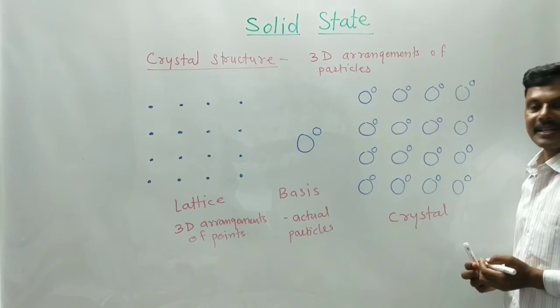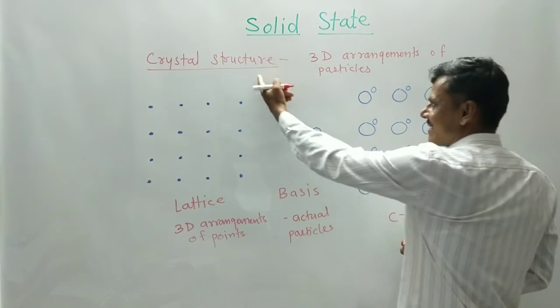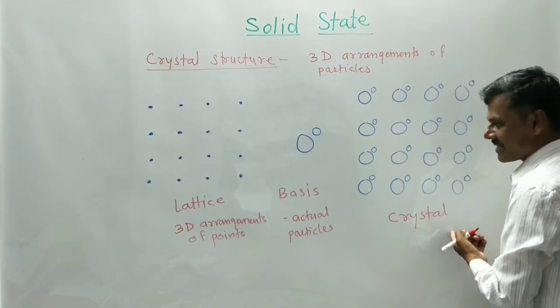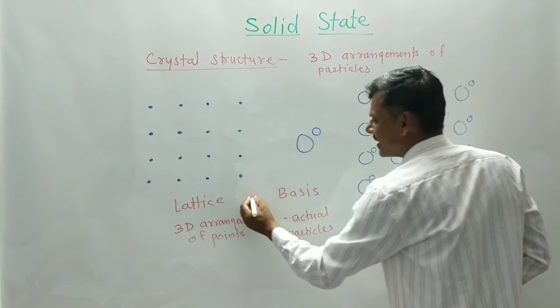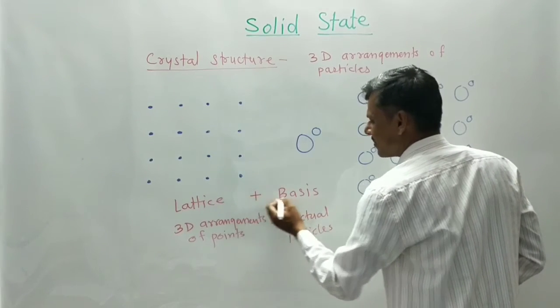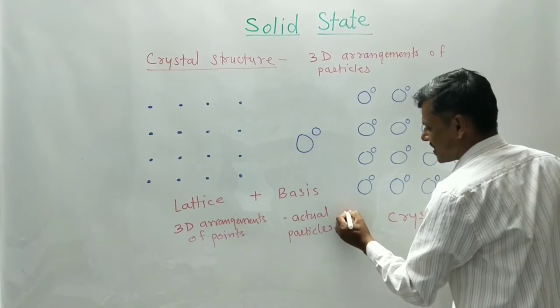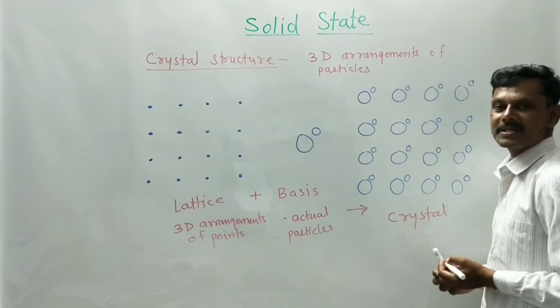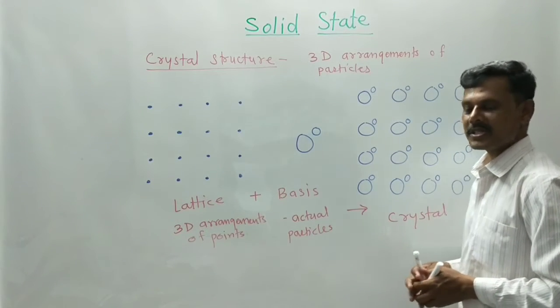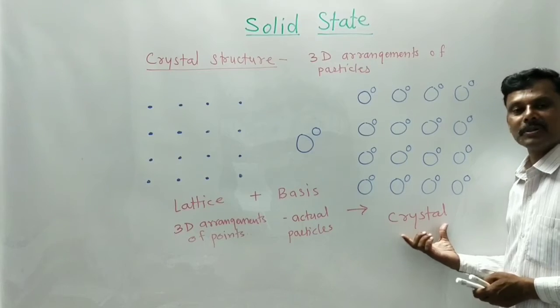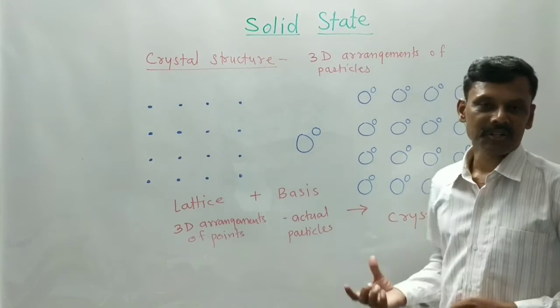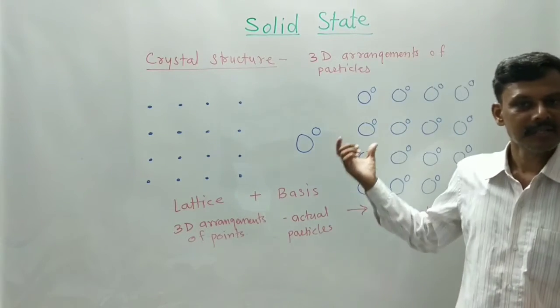So we can say that crystal structure is nothing but lattice plus basis. So lattice plus basis gives us the information about the crystal structure. I think you got it.